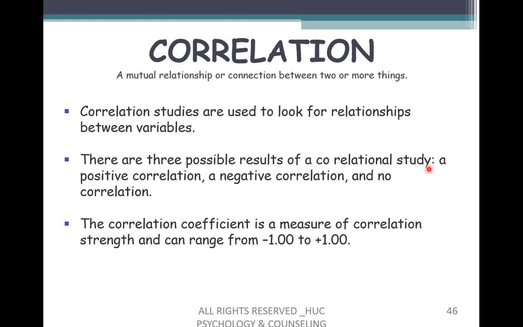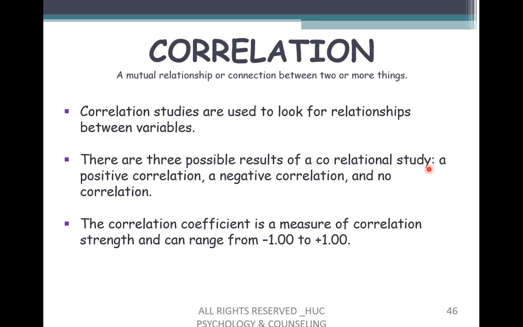At that time, when they go to counseling, they can use this correlation method to identify them. There are three possible results of a correlation study: the first is a positive correlation, the second is a negative correlation, and the third is no correlation. Let's see what these results are.